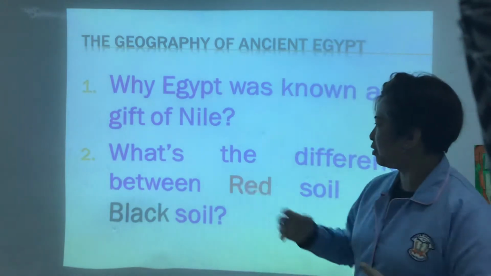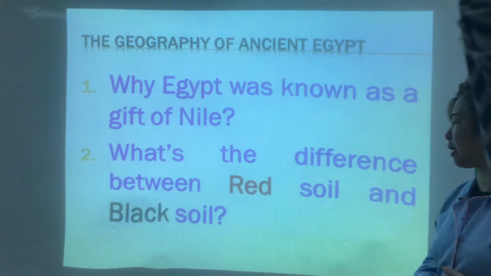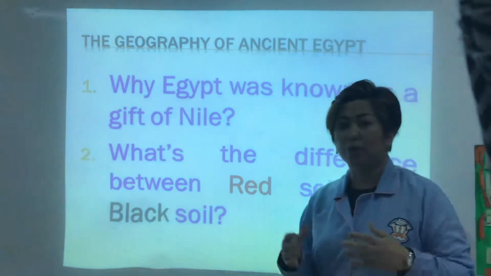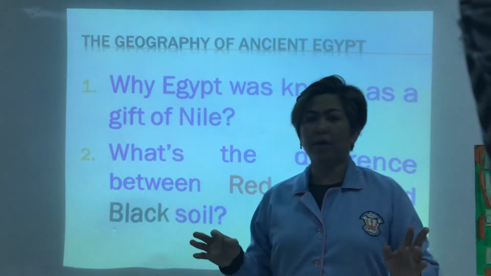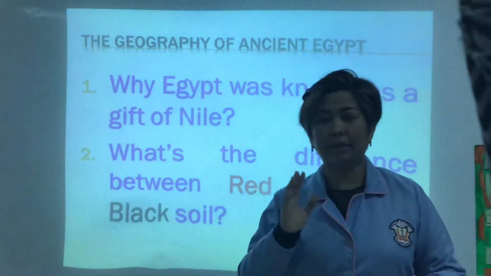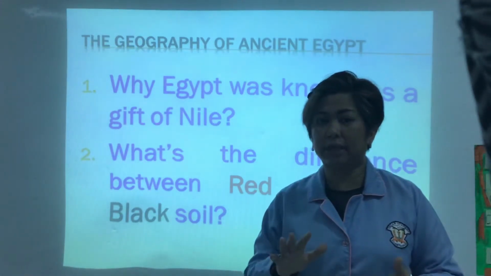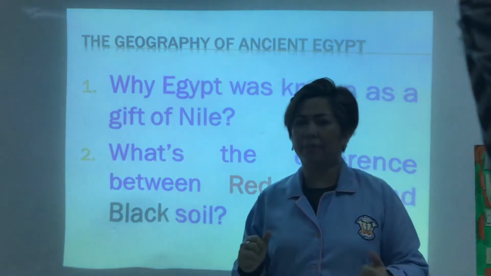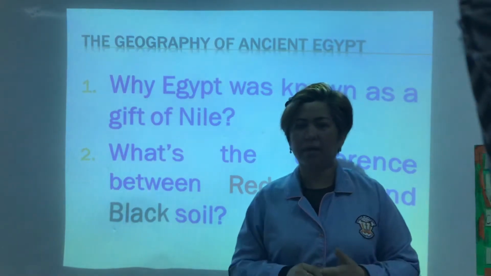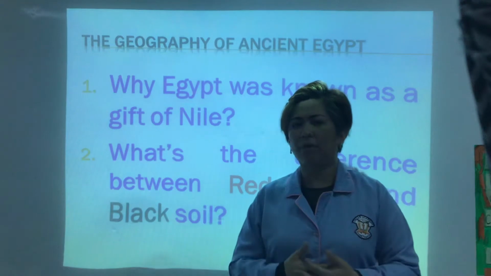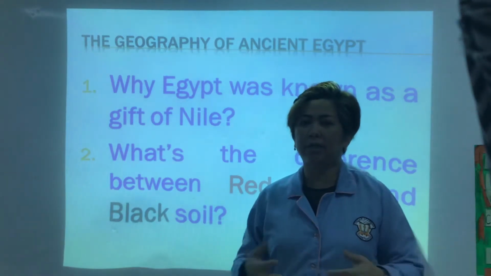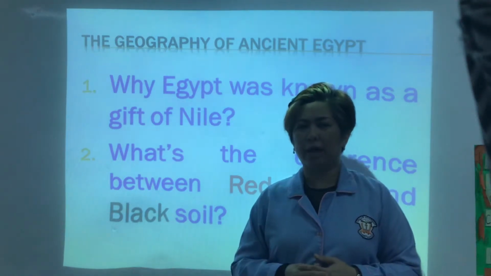Number 2, what's the difference between red soil and black soil? Red soil is like a desert. That helps the people in Egypt to not let people from other countries come inside their country.